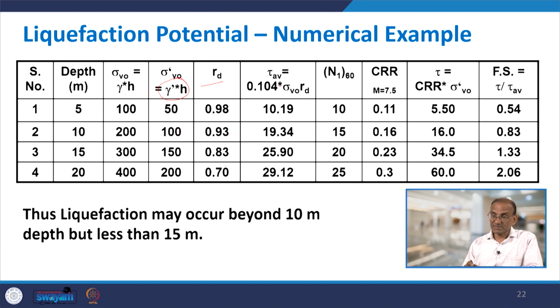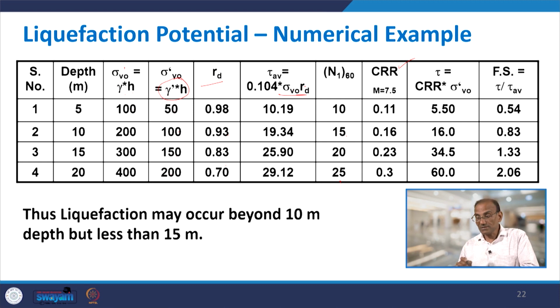Then tau average, which is 0.104 into sigma V; both are known here now, but while you calculate, use total, not effective, in this equation to get the cyclic average shear stress. Then N160 is given to you. Corresponding to N160, using the chart or that equation, you find the value of cyclic resistance ratio, CRR, and this CRR is for 7.5 magnitude.